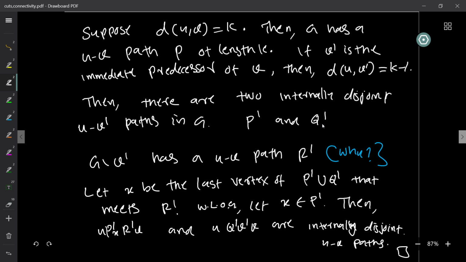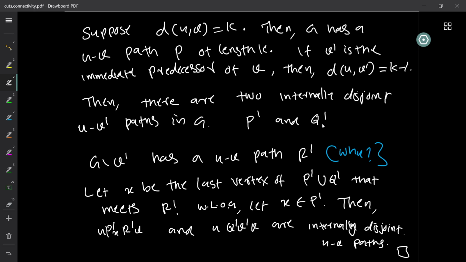And then if the distance is k for u and v, then we take the shortest path of length k between u and v, and call this path, let's say, P. Now what we do, we pick up v' as the predecessor of the vertex v along this path P, and then we know that the distance between u and v' is actually k minus 1.